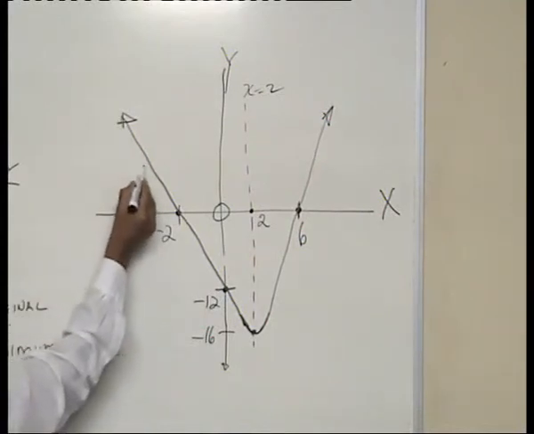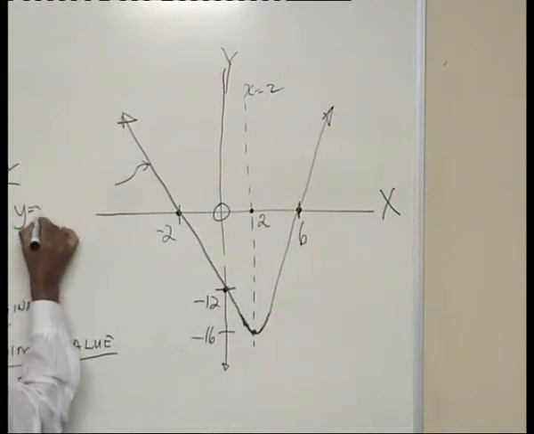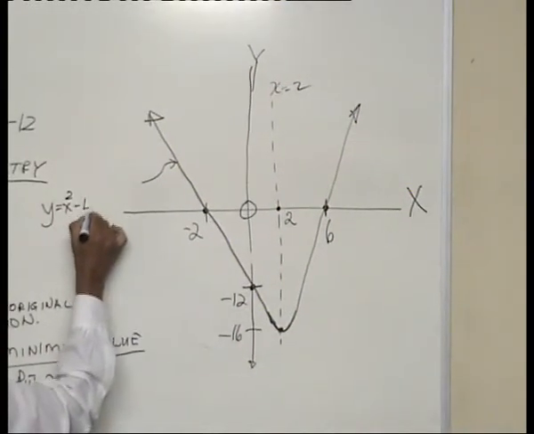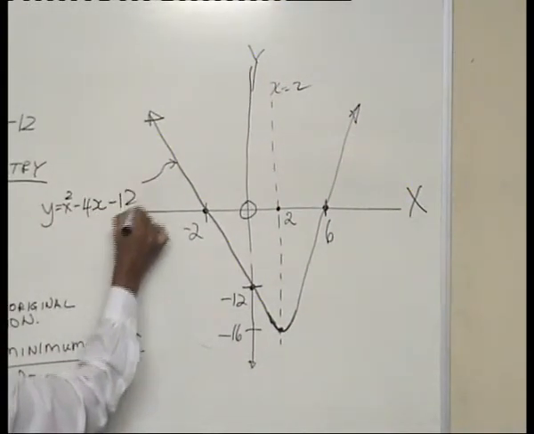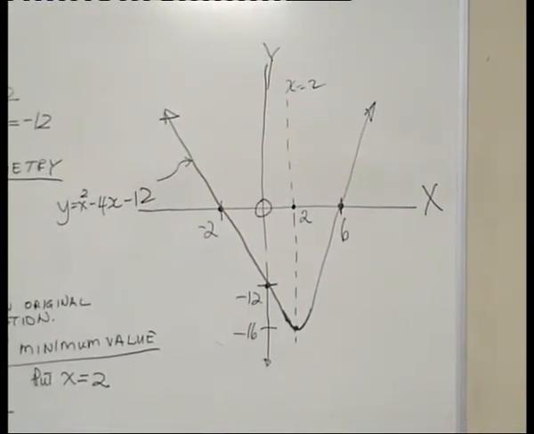And then don't forget to label your graph: y is equal to x squared minus 4x minus 12. And your parabola is drawn. Alright, we may just zoom in a little bit so that you can see the picture a little more clearly.